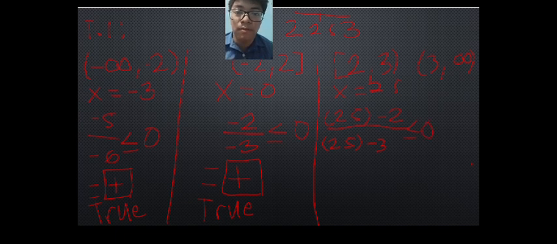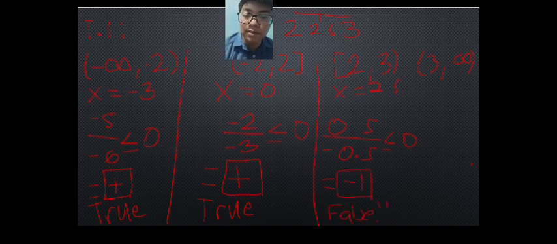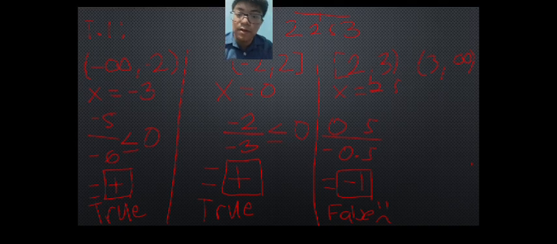Our numerator is 0.5 and the denominator is negative 0.5. If we divide them, that will become negative 1. So that is false.